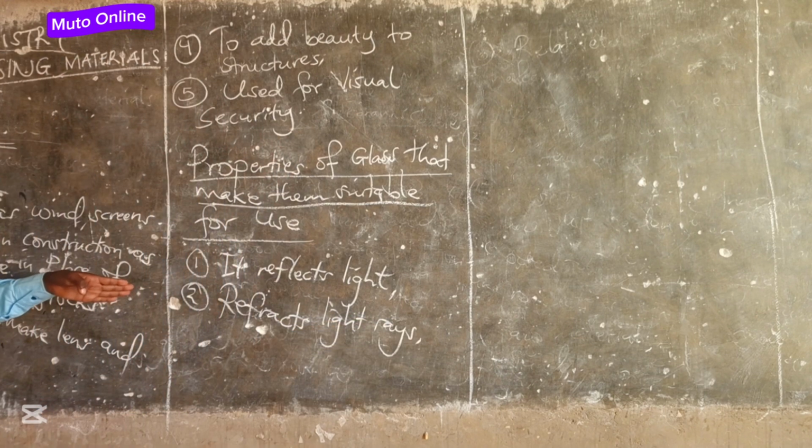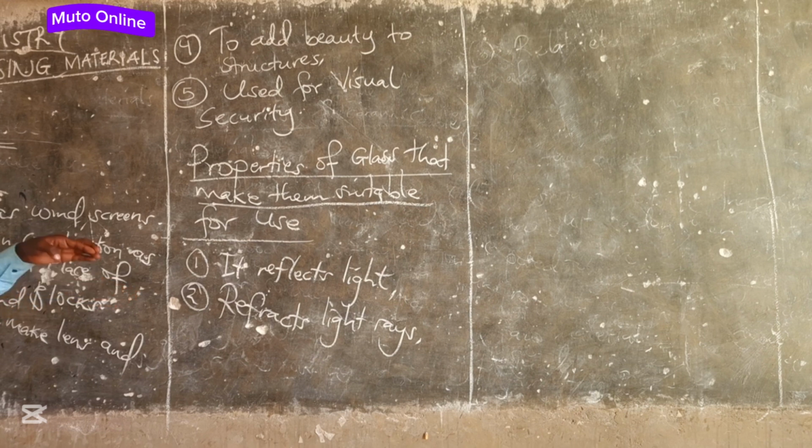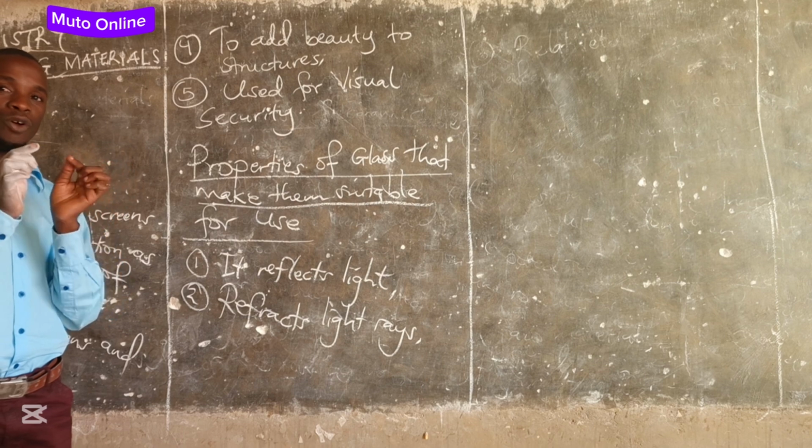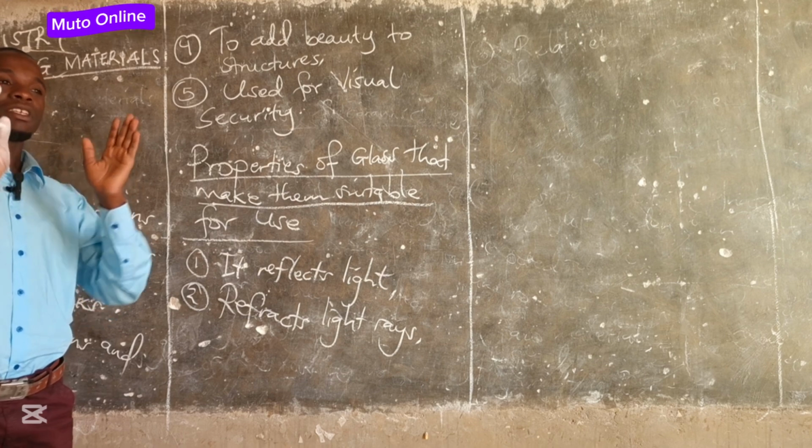The ability to refract light rays is important and is applied in very many fields. For example, the lenses, you are able to see or to take a picture using your phone. That is something very big.